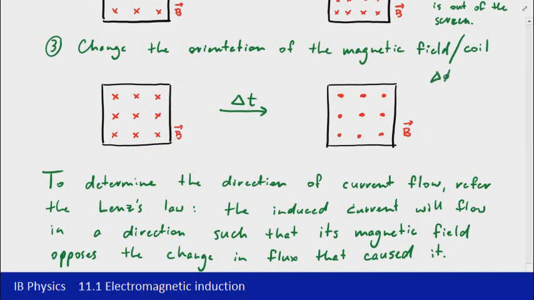So in that case, delta phi is also out of the screen, and similarly to before, I will be clockwise again. And again, that's so its B field is into the screen.